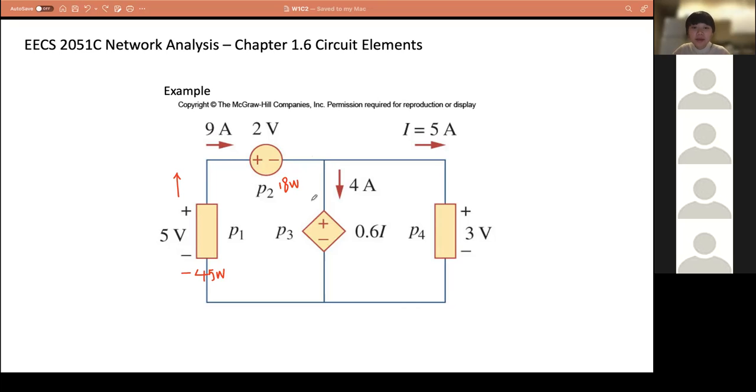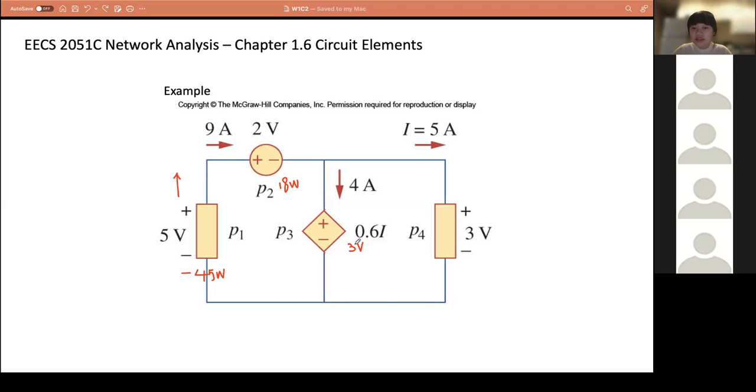Okay, carry on. P3: here we have a diamond shape, which makes it a dependent source, and we have polarity signs on it, so it's a dependent voltage source. The value of the voltage is 0.6 times I, and I here is 5 amp, so this is 3 volts, with the positive sign here and the negative sign here.